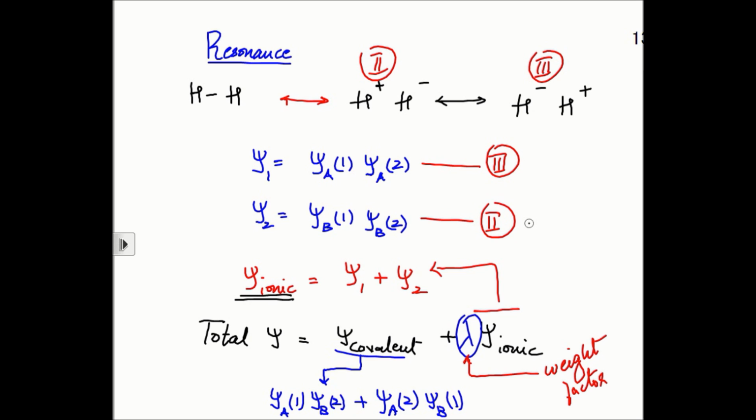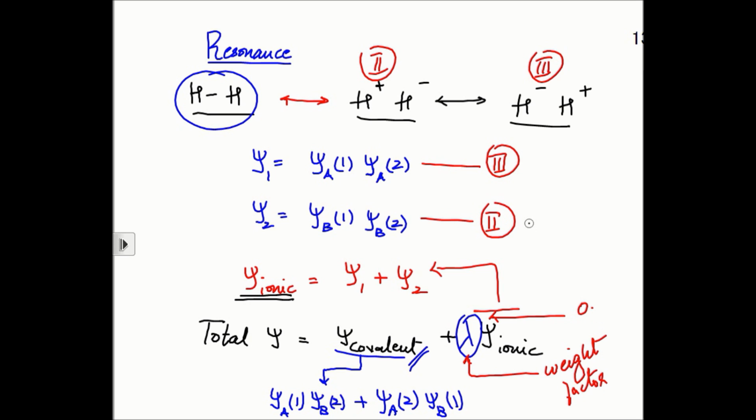Is it equally likely for hydrogen to exist as H single bond H, or H plus H minus, or H minus H plus? Are all these structures equally likely? Which one is the most stable canonical form? First one is the most stable. So that means the weightage to psi covalent should be the maximum, and the weight that you should give to psi ionic should be somewhat lesser.